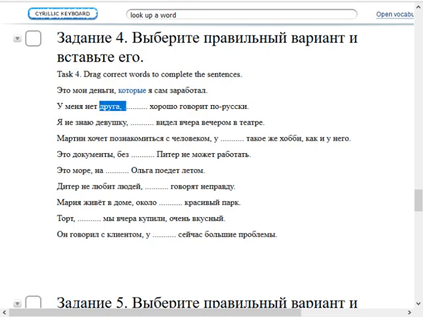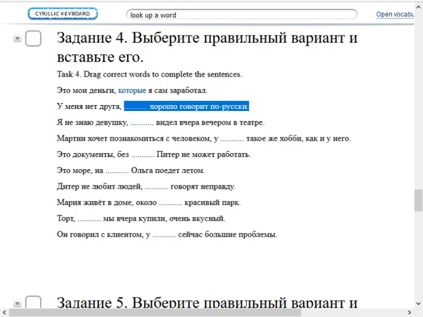Oh, this gets a bit tricky because in the first part of the sentence here, the person is saying, I don't have a girlfriend. And so you might think, well, that's a genitive because he's saying у меня нет. But then in the second part, it's saying who speaks Russian well.